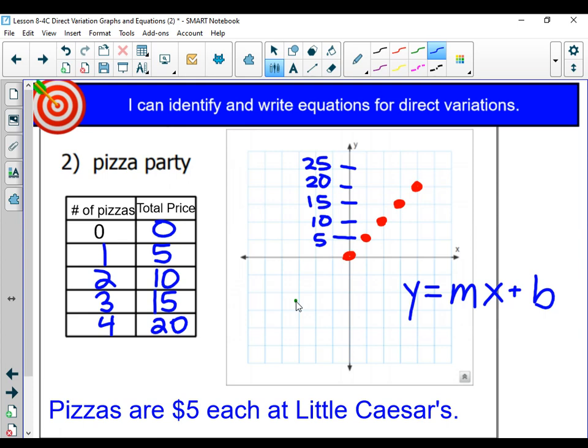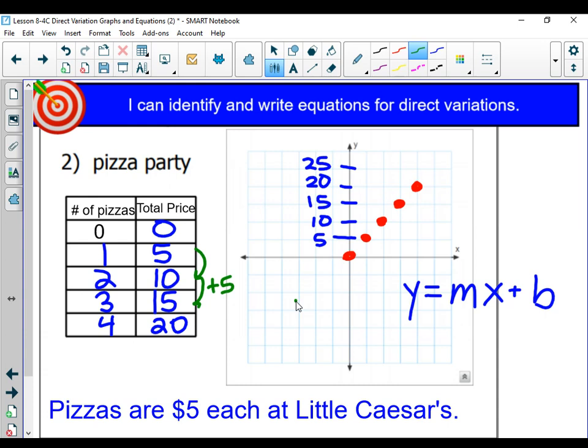So if I'm rising and running, rising 1 box is worth 5, run 1. Rise 5, run 1. Or if you do the chart, plus 5 all the way down.